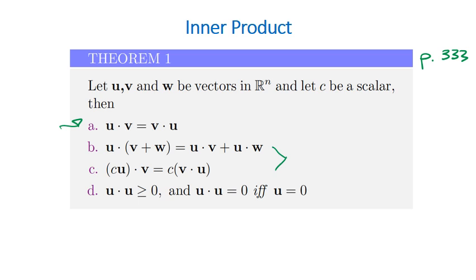These two parts here can be combined so that we can have a large statement or a combination of the two. And then u dot u is equal to 0 if and only if u is equal to 0, or if you have that 0 vector.